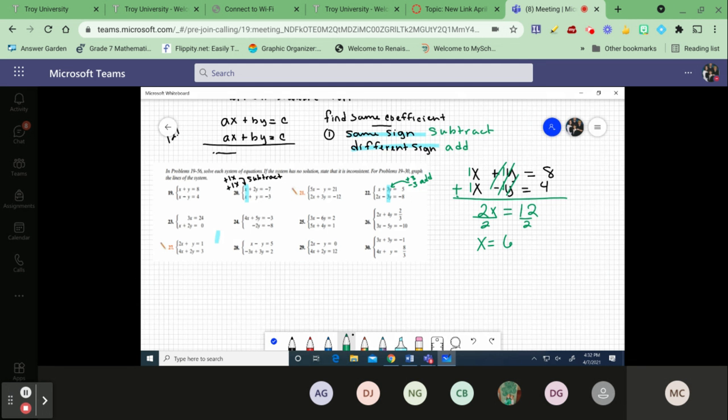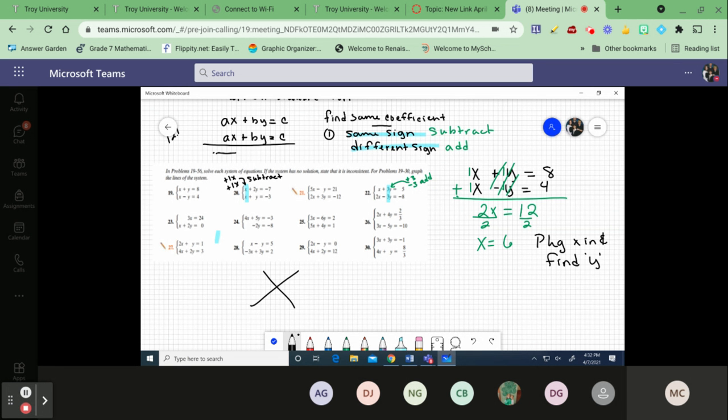Okay, now I've got to plug in. I got to plug x in and find my y. My answer is a coordinate point. What I am looking for is if I were to graph these two lines, where would those two lines intersect each other? My answer is that coordinate point of intersection.